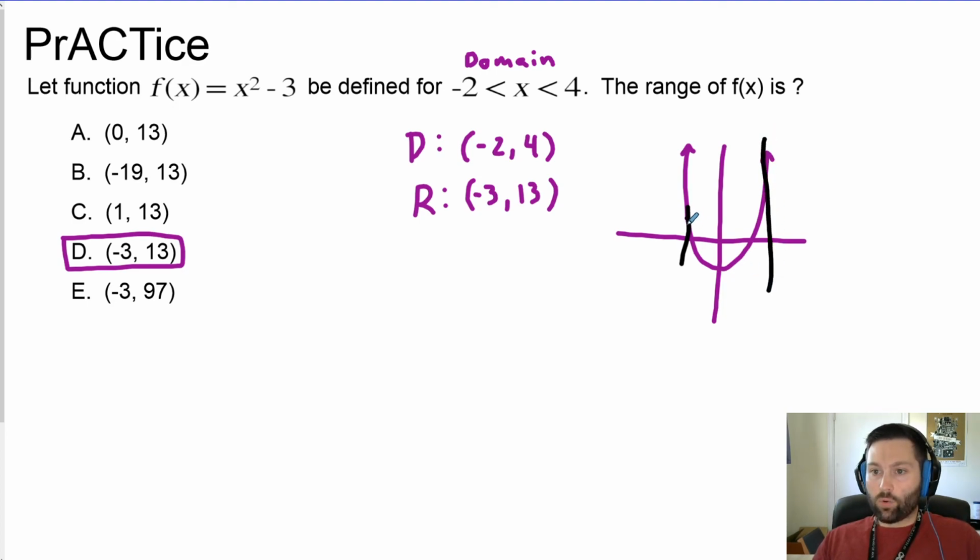That's the only area you should consider. So the highest point is up here at 13. It would be 4, 13. And the lowest point is down here, which is 0, -3. And so the -3 to the 13 gives us our range.